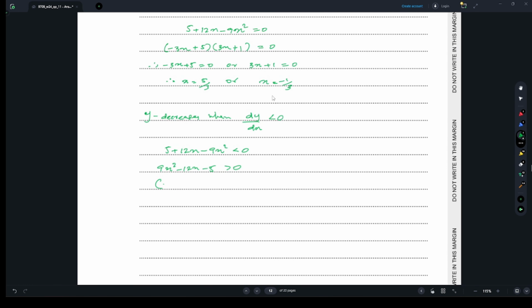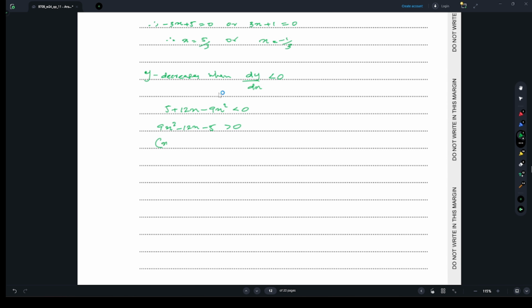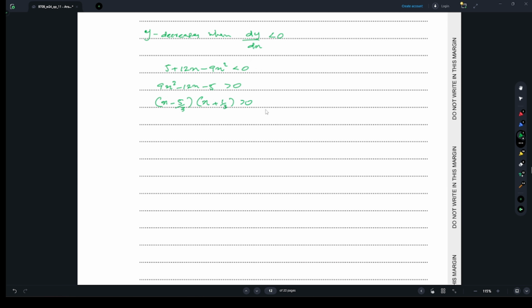So here one answer is x equals 5 over 3. So bring 5 over 3 to the other side. So then it becomes x minus 5 over 3. So it's a factor, x minus 5 over 3. And also the other one. So x equals minus 1 over 3 goes to the other side. So then plus 1 over 3. And you should remember the easiest way is when you have two brackets and greater than 0, then the answers are x less than the smallest value and greater than the biggest value.